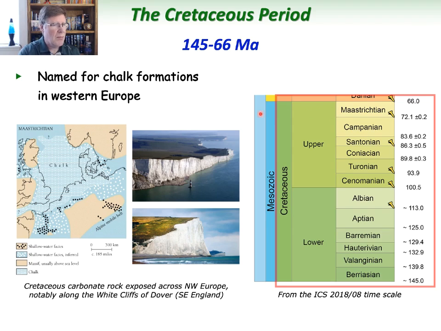So this map represents a time period somewhere between 72 million and 66 million. Shallow seas covered much of northwestern Europe, northern Germany and France and England. These sediments deposited in this ocean are now exposed as the White Cliffs of Dover.